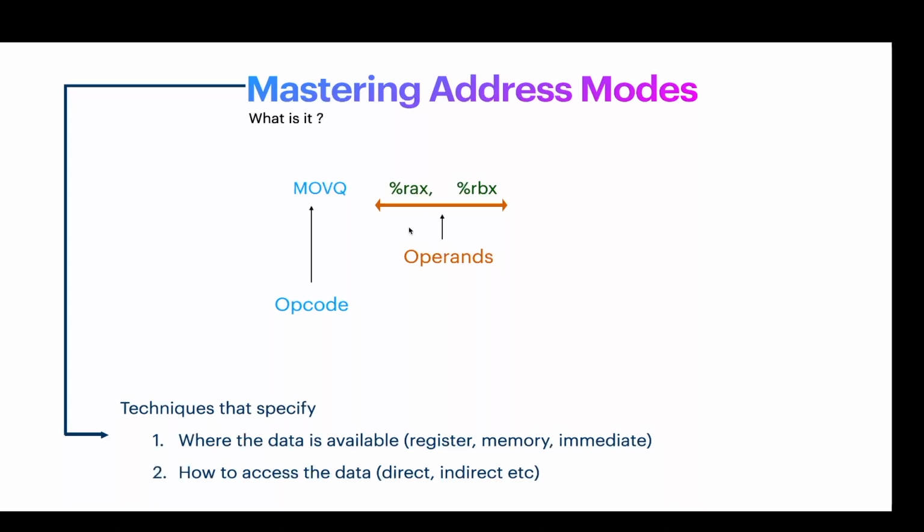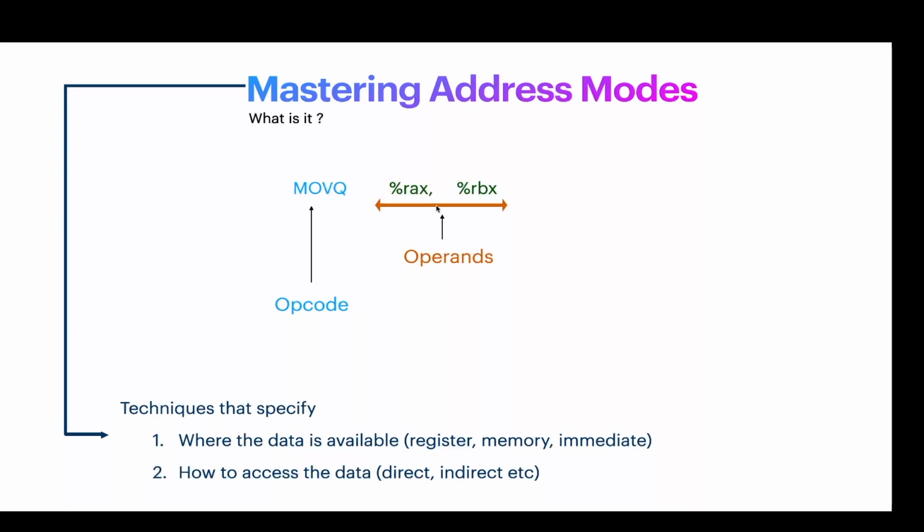Number one, it provides where the data is available, meaning is it available in registers or memory, or is it available as part of the instruction itself, in which case we say it's an immediate mode. So it provides information about where these operands are available.